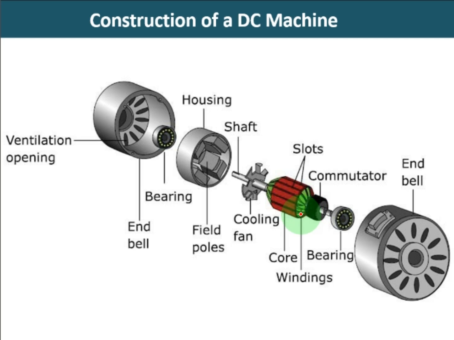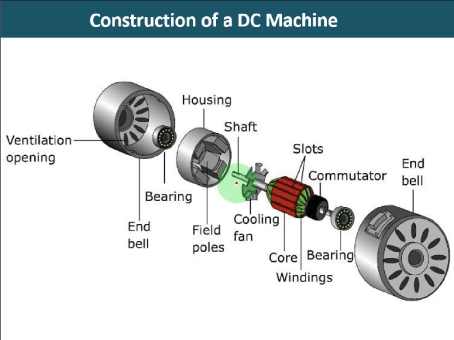In addition, for mechanical movements, you have bearings at both sides, which support the shaft so that it can rotate inside the stator. And sometimes there might be a fan like this connected to the shaft, which allows air circulation through the inside of the motor, so that it gets automatically cooled.